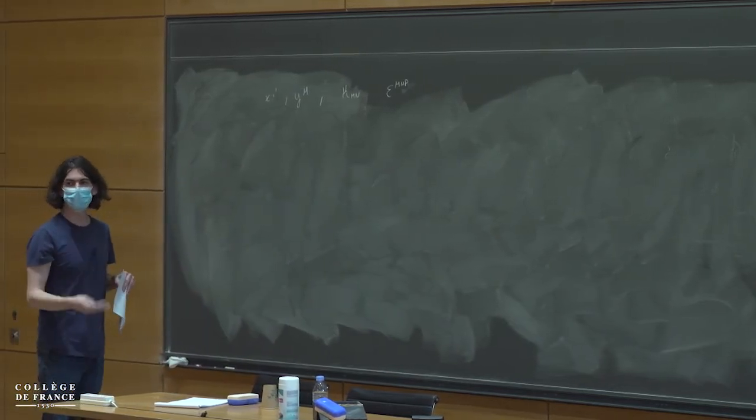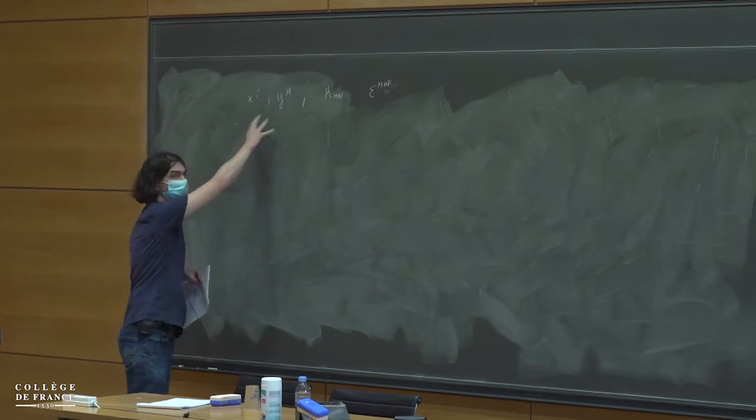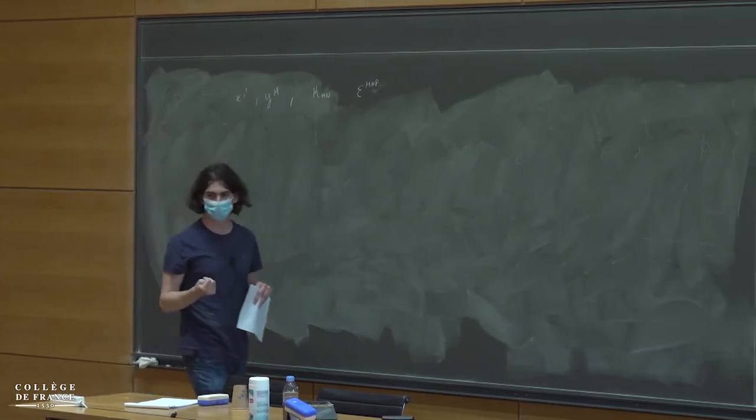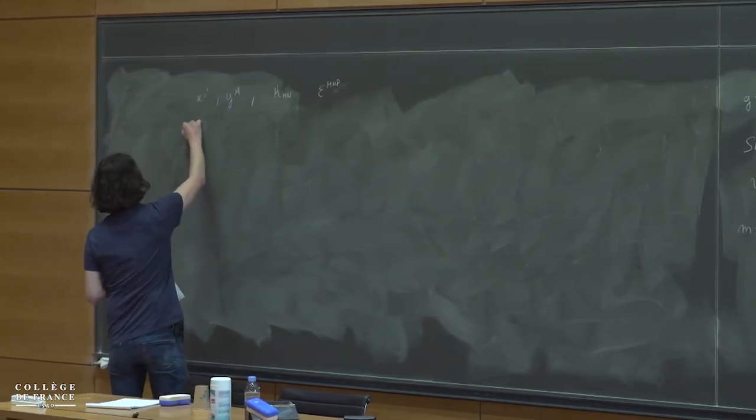But in order to make sense of a theory depending on those 6 coordinates now, one has to impose a strong condition, which is called the section constraint.